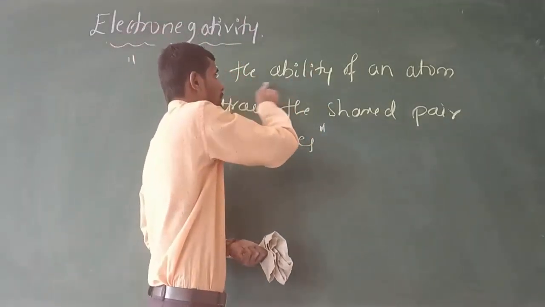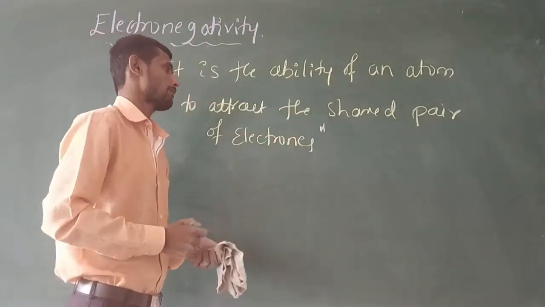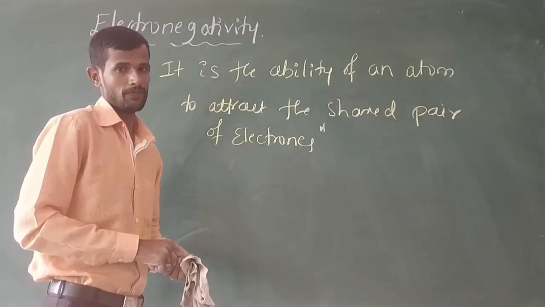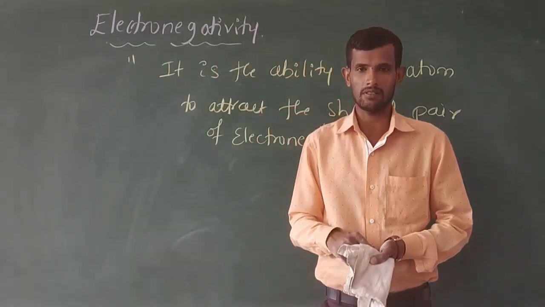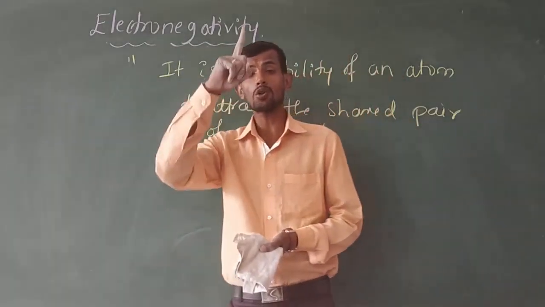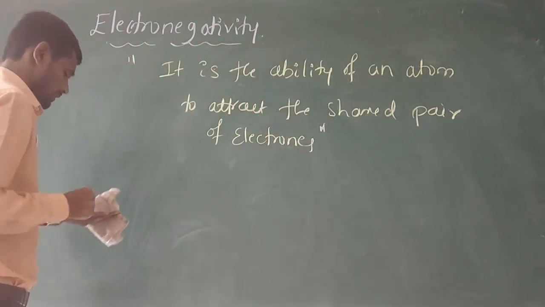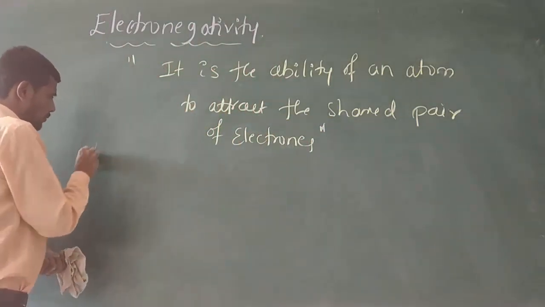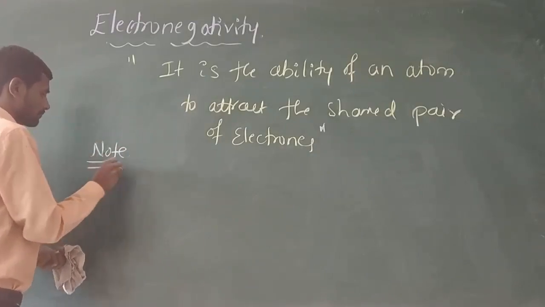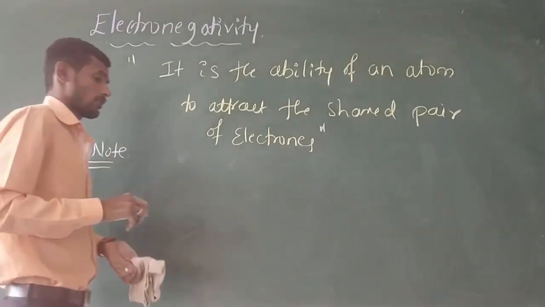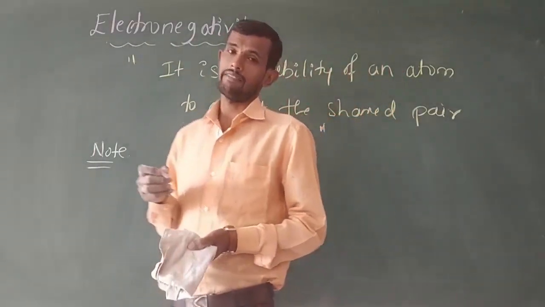It is the ability or capacity of an atom to attract the shared pair of electrons. Remember students, usually halogens are more electronegative elements. In that, fluorine is one of the most electronegative elements. And the related point on this electronegativity concept, also referred to as the factors which affect electronegativity.